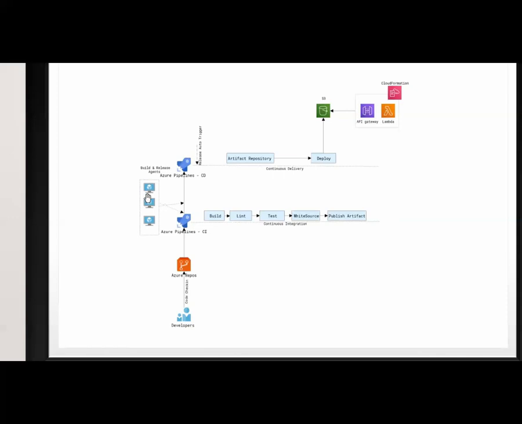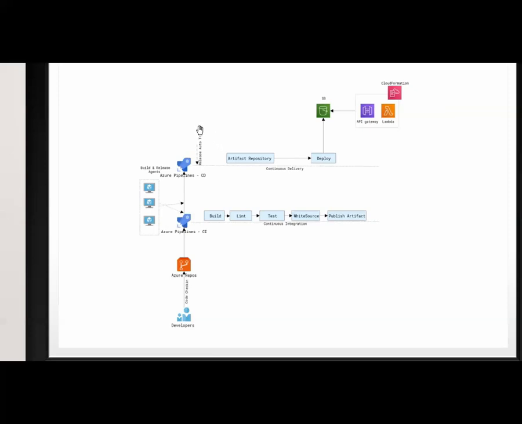It's the same agents that we use for build and release, just categorized as release agents or build agents. Once the complete CI is done, it generates an artifact, and the artifact is available in the artifact repository.